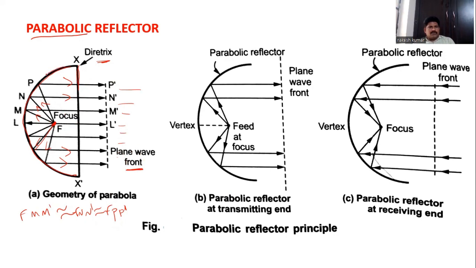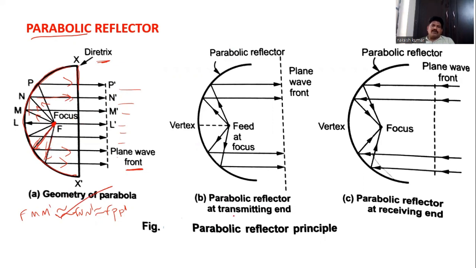From the active antenna, the rays first fall on the parabolic reflector, then are reflected, and all the rays move as a plane wave. By using this parabolic reflector, we will get high gain. This is the geometry of the parabolic reflector.